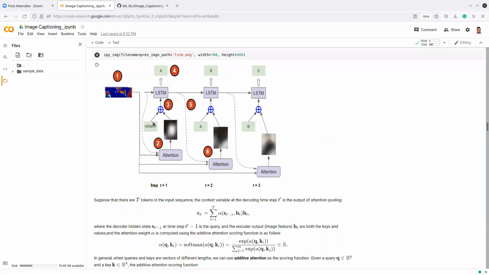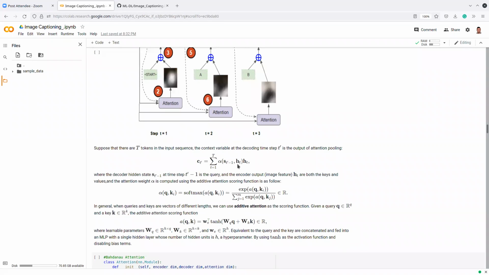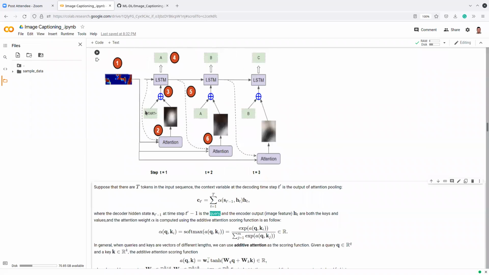How do we generate these attentions? It's the idea of a query and a key. The query is the word that we want to generate. So the decoder wants to generate something, and it has a query. This query is the last hidden state.